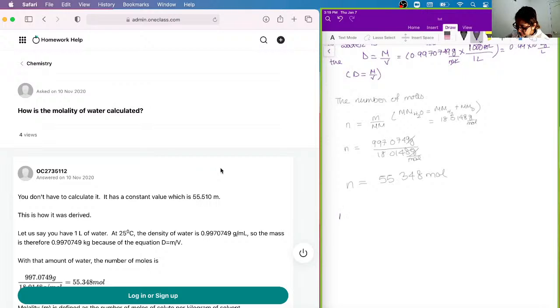So molality, or lowercase m, is defined as the number of moles of solute per kilogram of solvent.